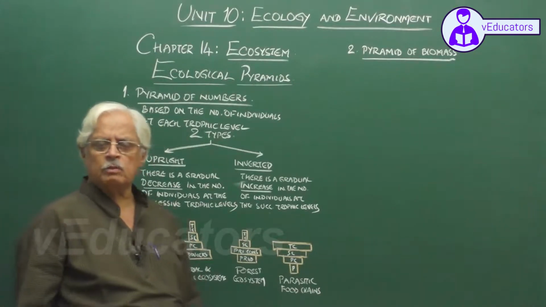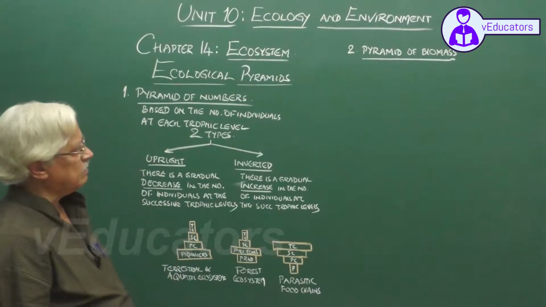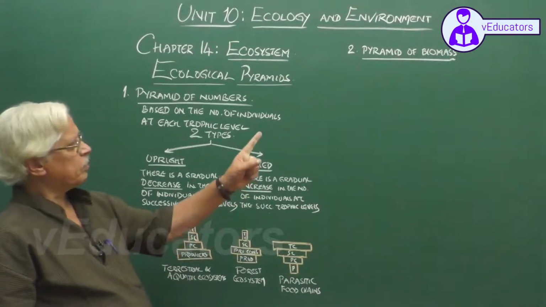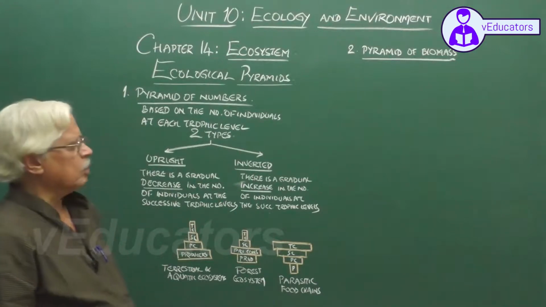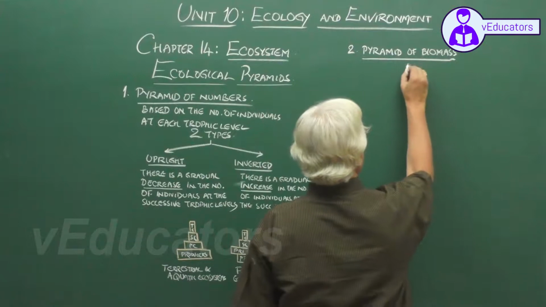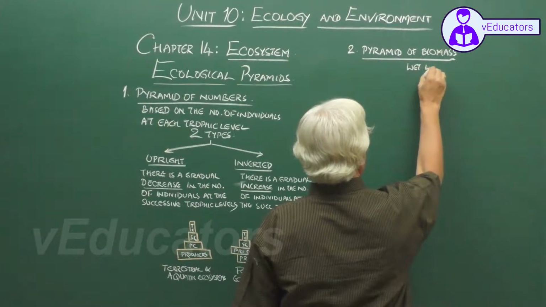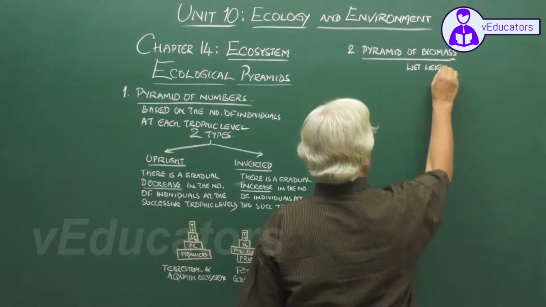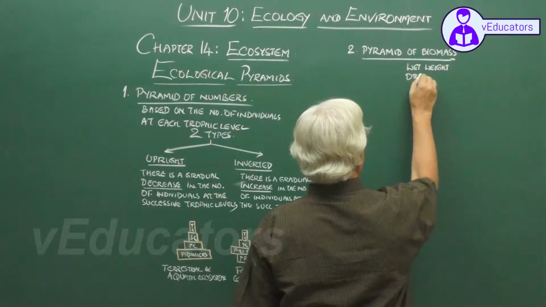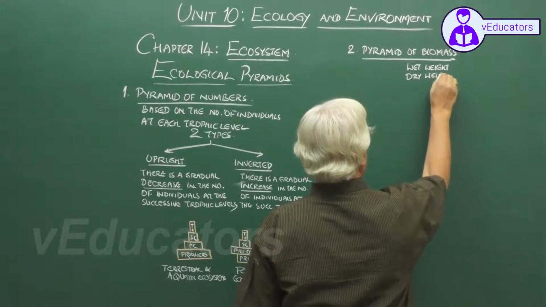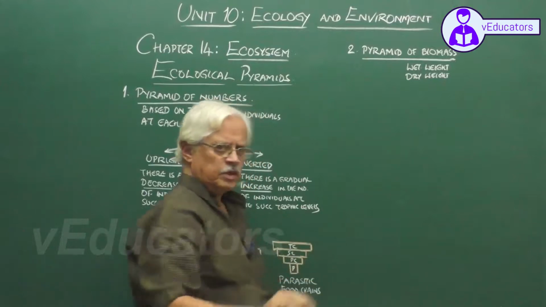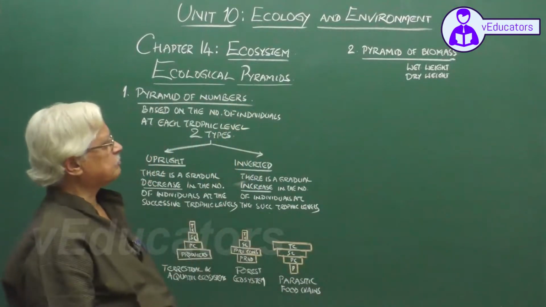So this total mass of the individuals in any given trophic level is known as the biomass. Biomass is taken either as the wet biomass, or dry weight, in which the moisture content from the body is removed.